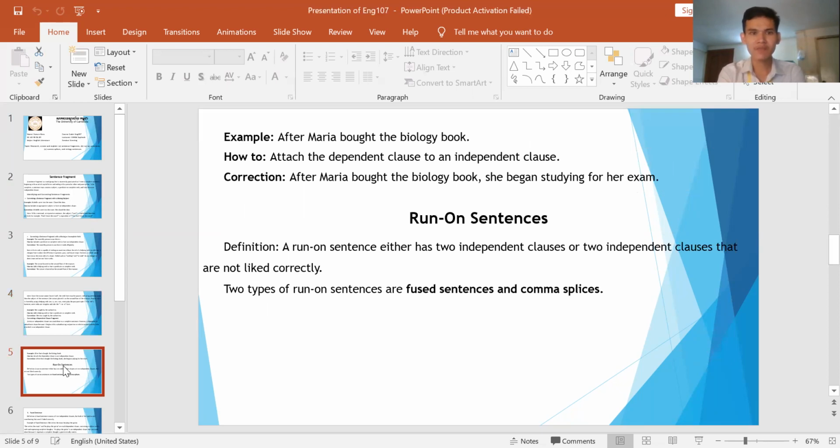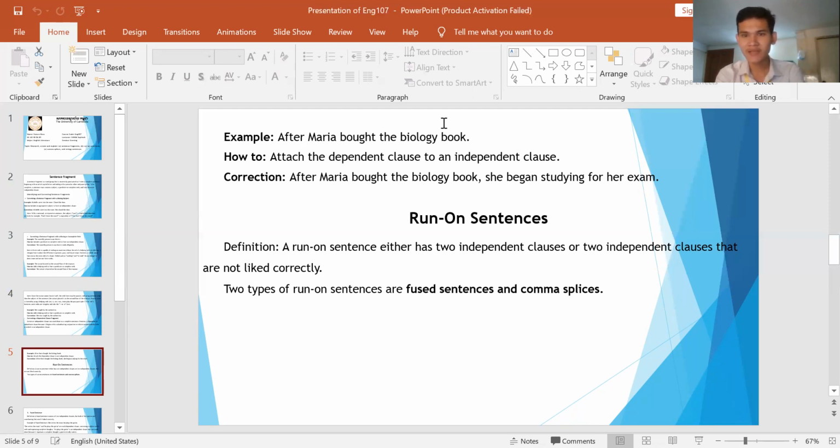Number five, for example. Look at the example here: After Mary bought the biology book. You see the subordinating conjunction here, after. It is not a complete sentence. It's a dependent clause that cannot stand alone. So you need to add an independent clause to form a complex sentence.